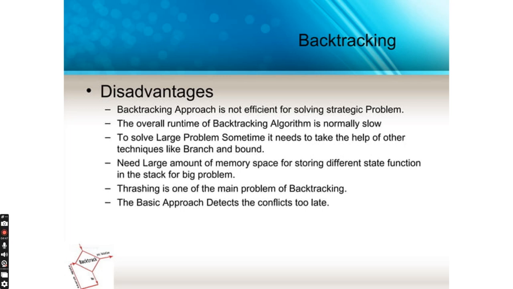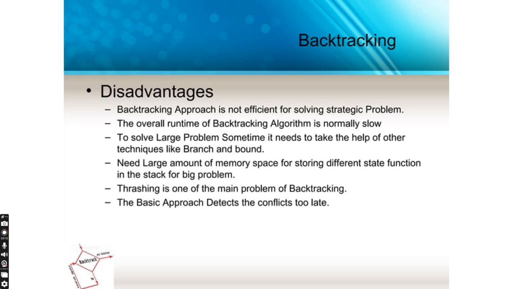Disadvantages of the backtracking algorithm: it is not sufficient for solving some strategic problems. The overall running time of the backtracking algorithm is very slow. To solve large problems, sometimes it needs the help of other techniques like branch and bound. Then it needs a larger amount of memory space for storing different state functions.